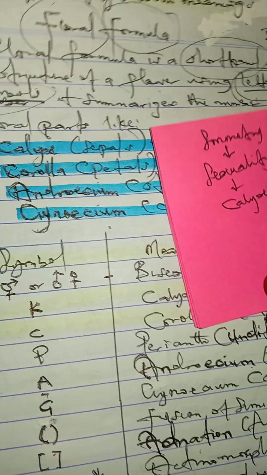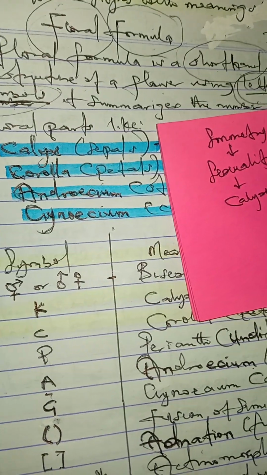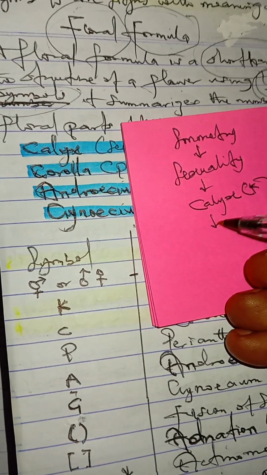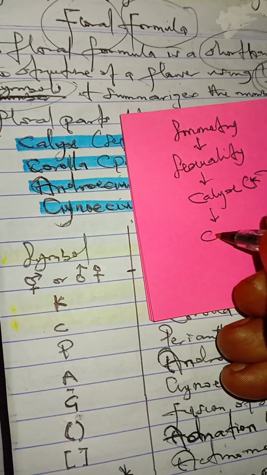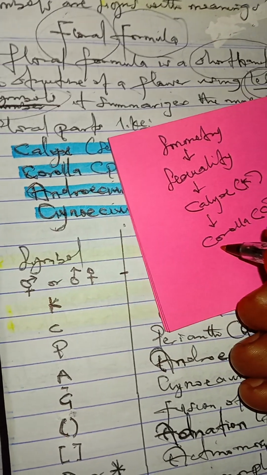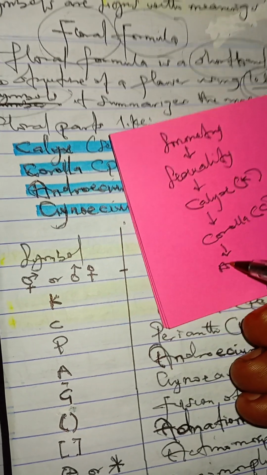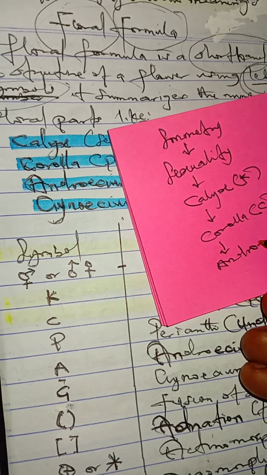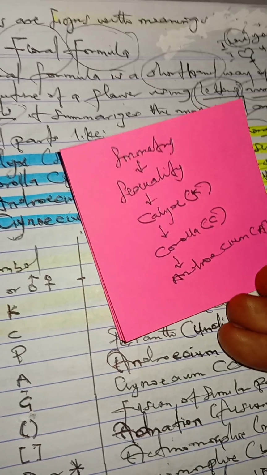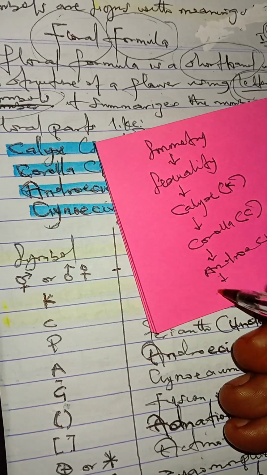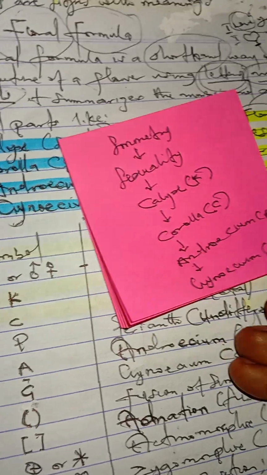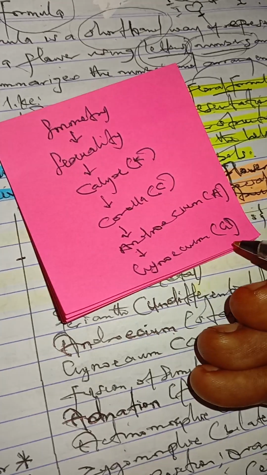Calyx here is talking about the collection or fusion of sepals, and then from calyx we have corolla, then androecium, and that's A, then the last one, the gynoecium, and that's G.